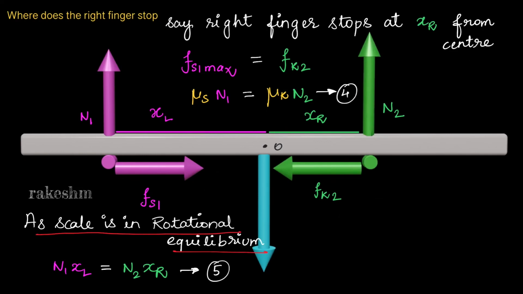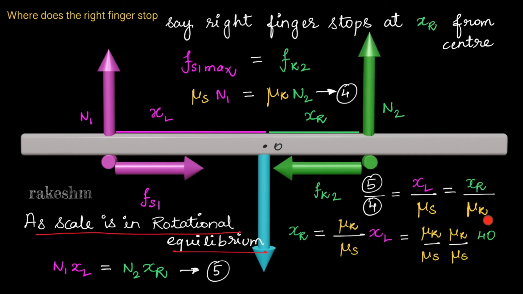This is our fifth equation. Dividing 5 by 4, we get XL by mu s equals XR divided by mu k. Again the normal reactions here and here get cancelled. When we simplify this, we get XR equals mu k by mu s into XL.